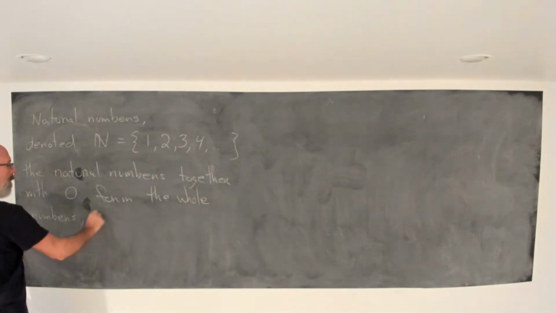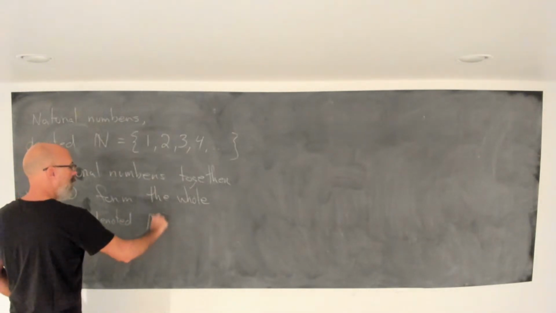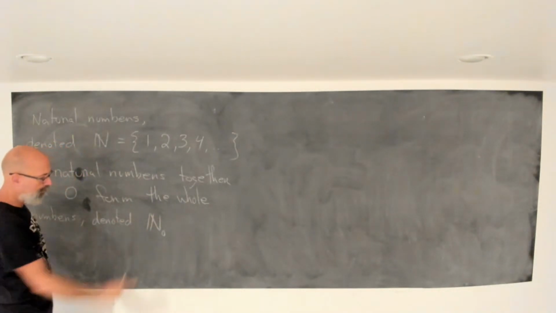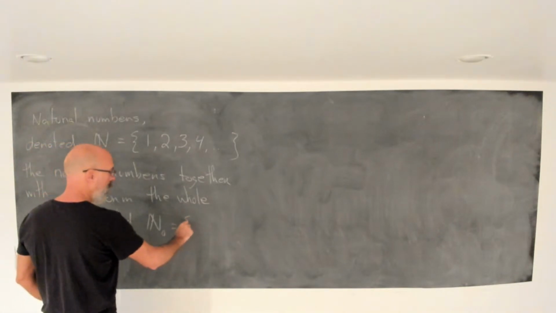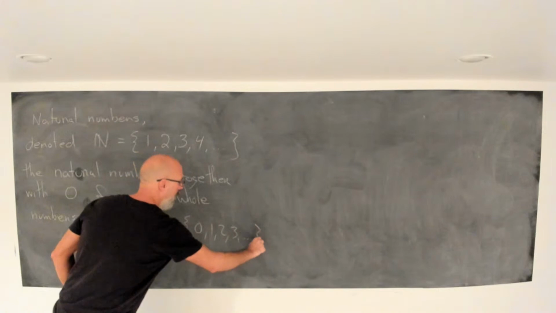Denoted, natural numbers with 0, right? Notation for the whole numbers. This is 0, 1, 2, 3, and so on.